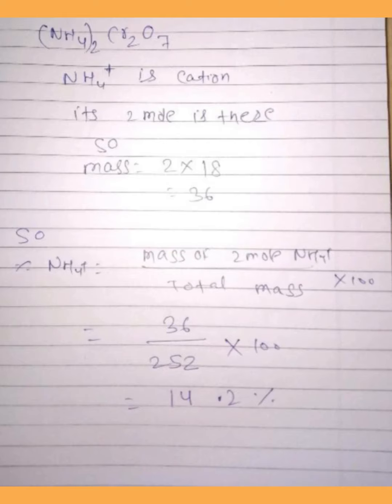Then percentage of NH4 is equal to mass of 2 mole of NH4 plus divided by total mass of ammonium dichromate into 100. That is 36 by 252 into 100 is equal to 14.2.